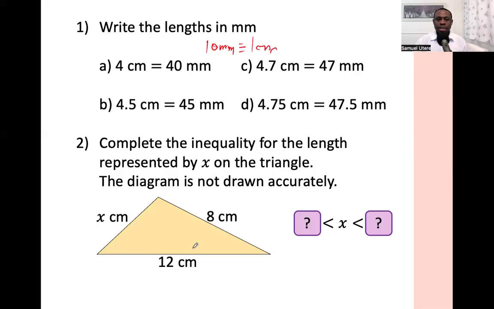You can see here that this is 8 and it goes past half of 12, way past that. So it's going to have to be greater than 4, otherwise the line for this will not be able to meet with that other line to form the vertex. And it has to be less than 20, otherwise you won't be able to form the vertex as well.